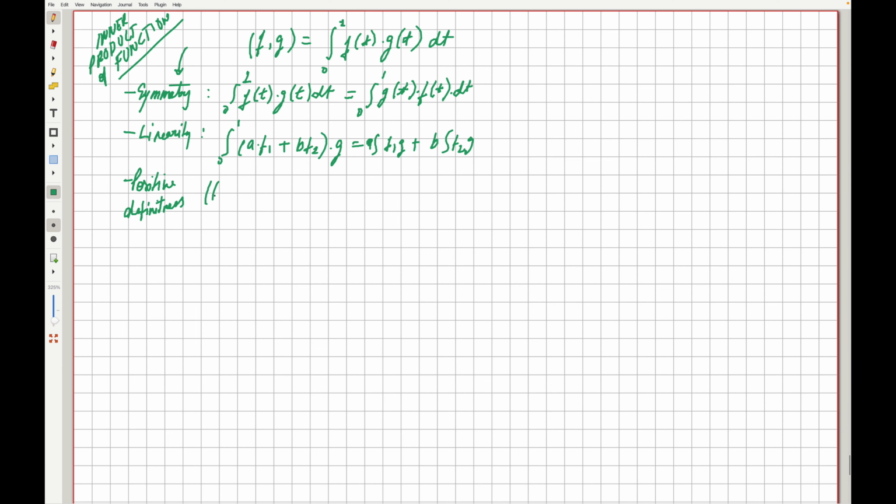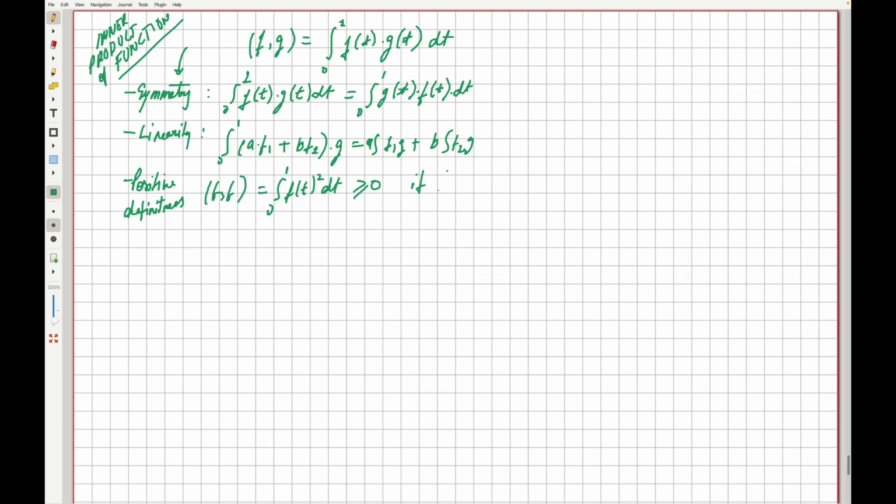What this means is if we take the function f, and perform the integral of f squared, its value should be greater than or equal to 0.